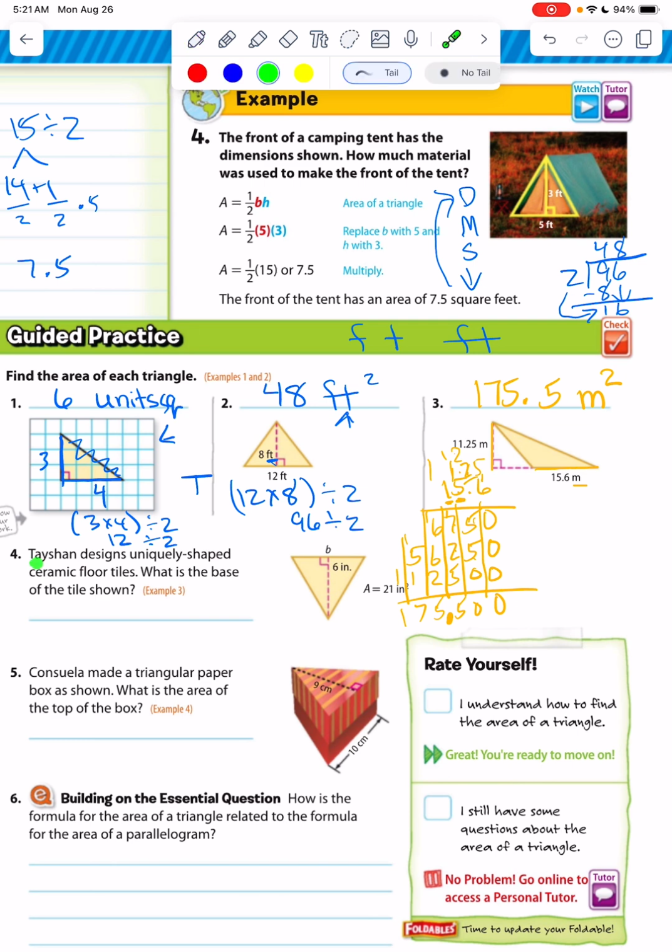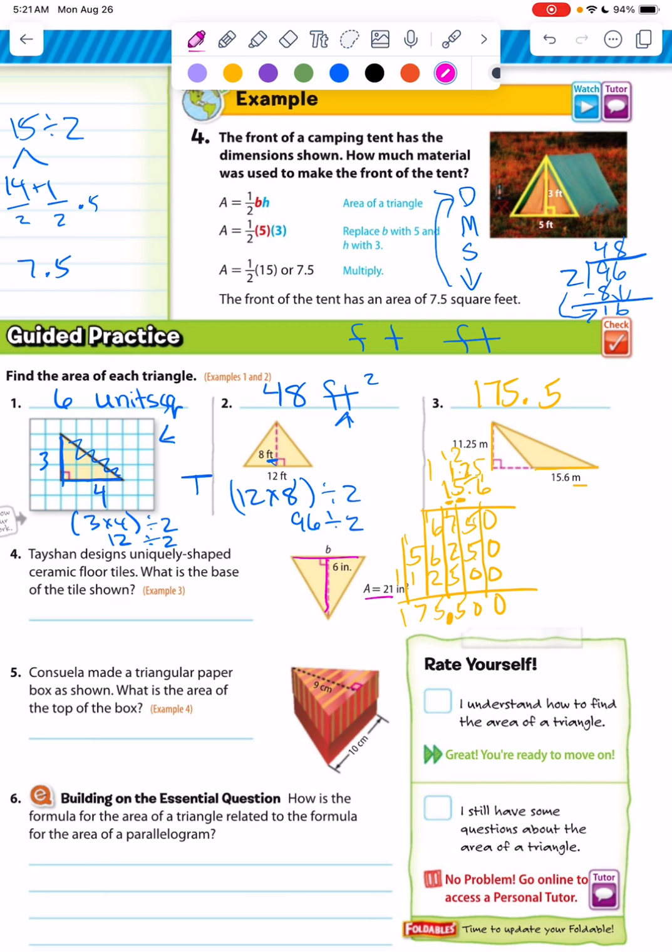Okay. Tayshawn designs uniquely shaped ceramic floor tiles. What is the base of the tiles shown? Let's find out. We've got a base unknown and a height of 6 and an area of 21 inches squared.